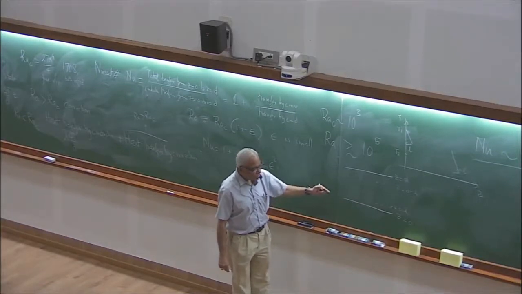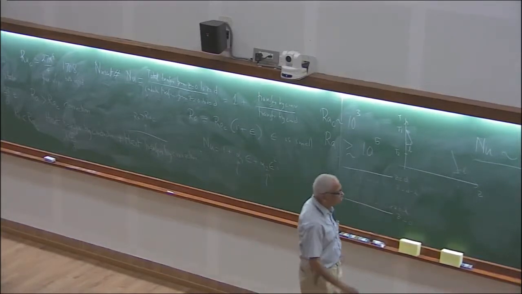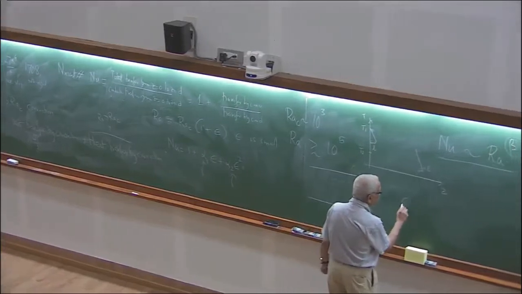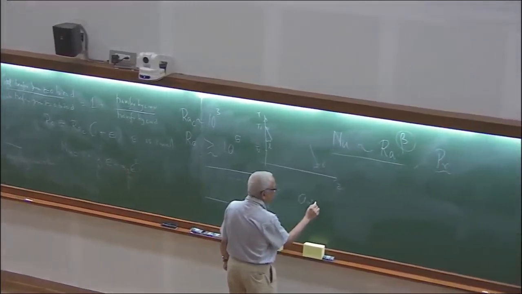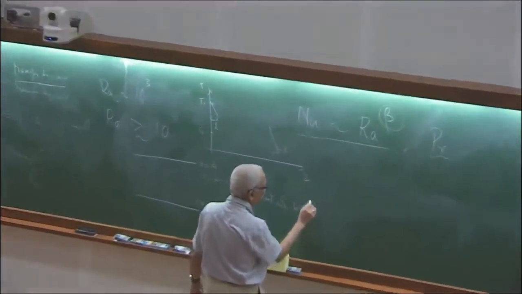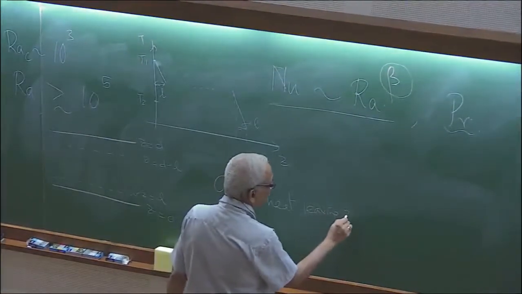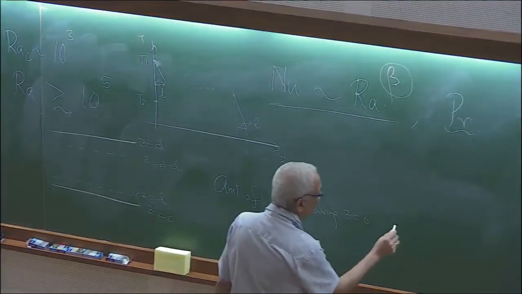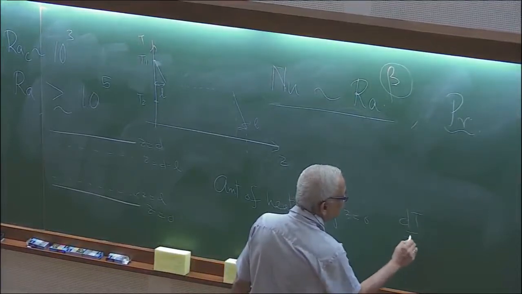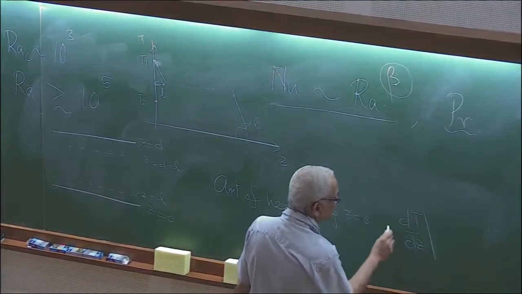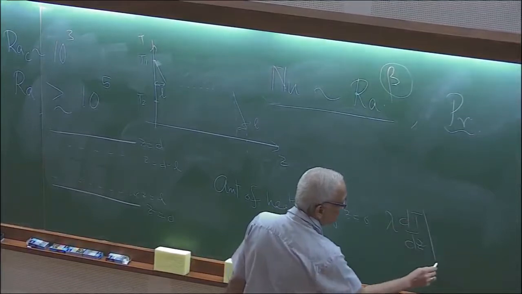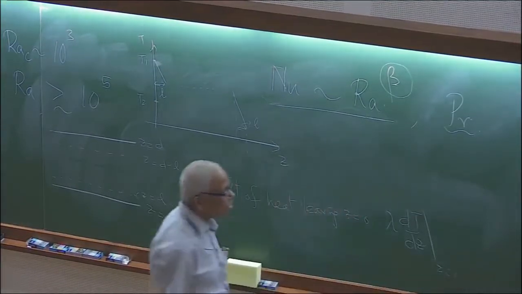The rate at which heat is leaving z equal to 0 has to be proportional to lambda dT/dz at z equal to 0.